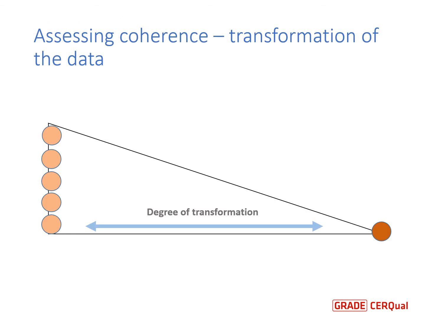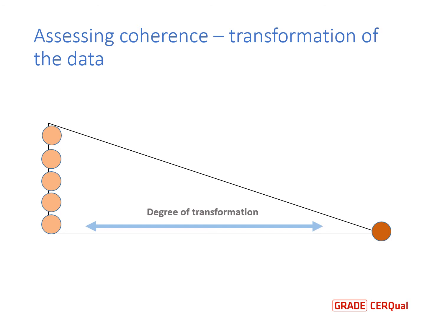In the qualitative evidence synthesis, as in primary qualitative research, one can think of findings as being located along a continuous spectrum representing the degree of transformation or interpretation of the data. At one end of the spectrum are more descriptive findings, that is, findings that describe patterns in the data.